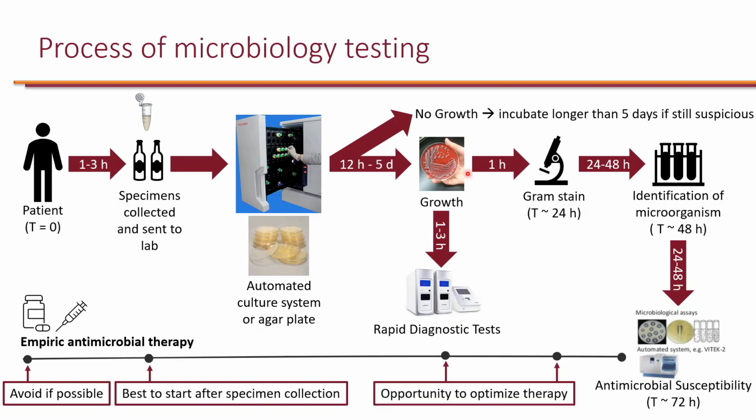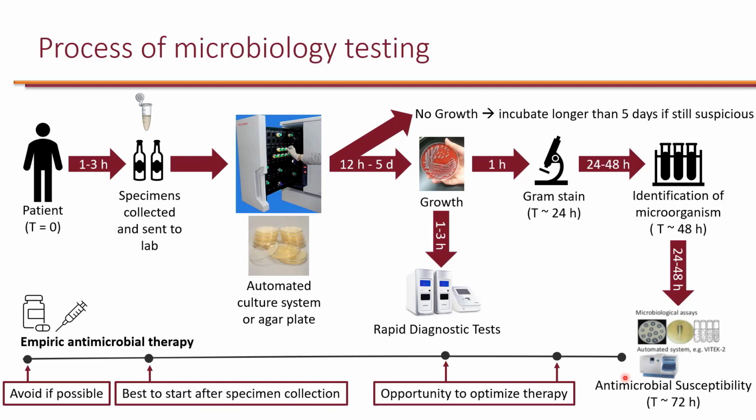And then, once we get rapid diagnostic results, that's your first opportunity to optimize treatment. So based on what you find, you may be able to change the antibiotics to have something that's better for the patient. The same with, when you have gram stain results, you can change the antibiotics.